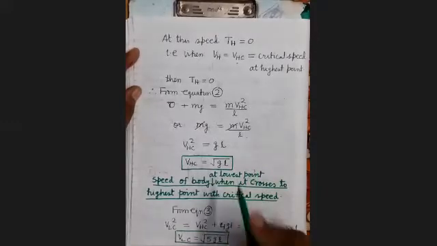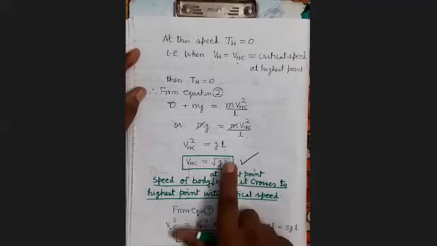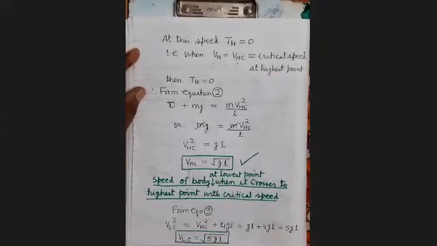On substituting, what will you get? VHC equals root GL. This is the critical speed at the highest point. If the speed at the highest point is less than this, body will not be able to complete the circle.